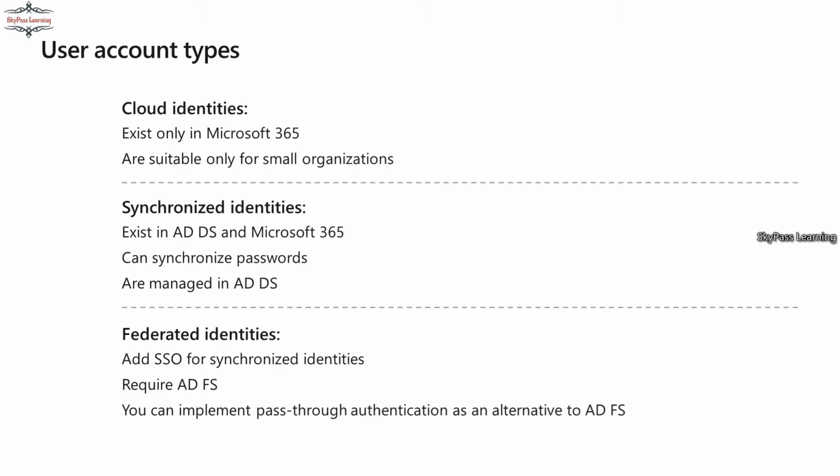Suppose you don't have an on-premises environment, you have everything in place in the cloud. Authentication, user creation, everything will exist in cloud identity only. It's mostly suitable for a small organization where you don't want to put your domain controller, etc. at on-premises. The second one is synchronized identity.